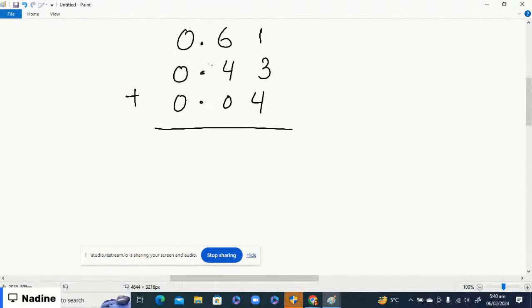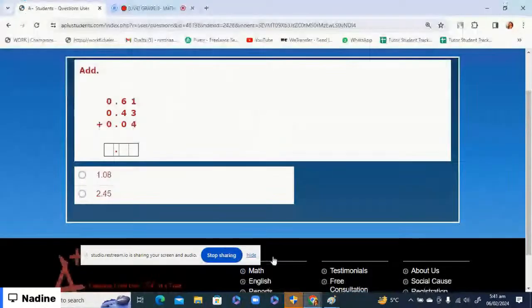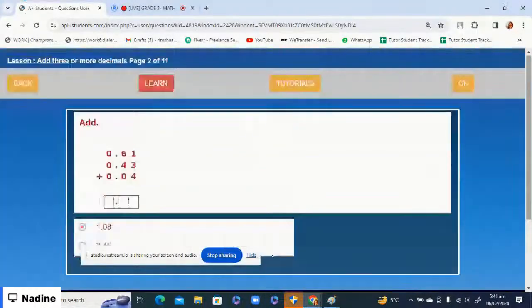So 1 plus 3 plus 4 is 8. 6 plus 4 is 10. So we are going to put here 0 and 1 as a carry. Decimal point is same here, and then it's 1. Good, it's 1.08. Yes, option 1.08.